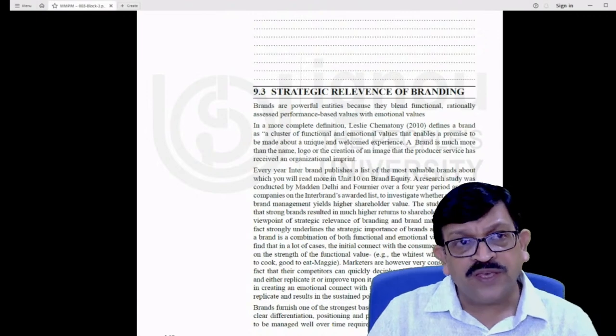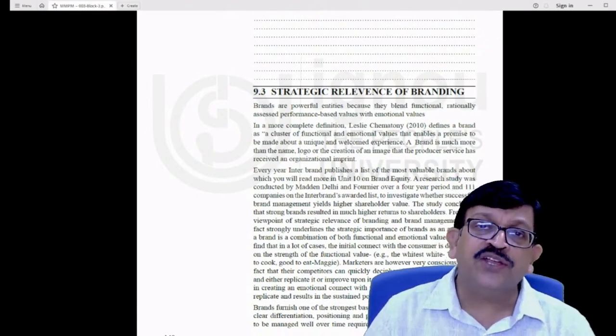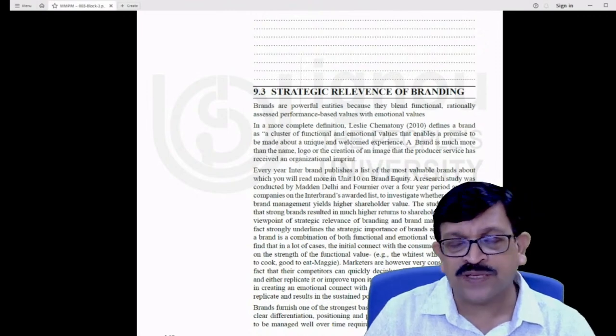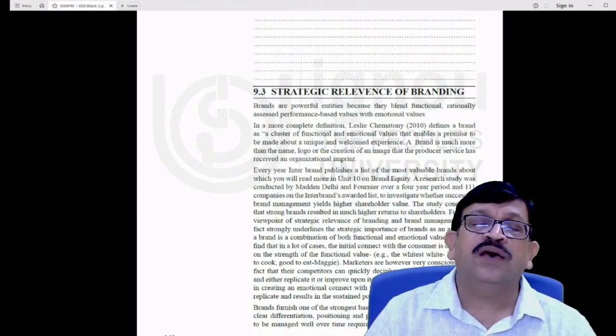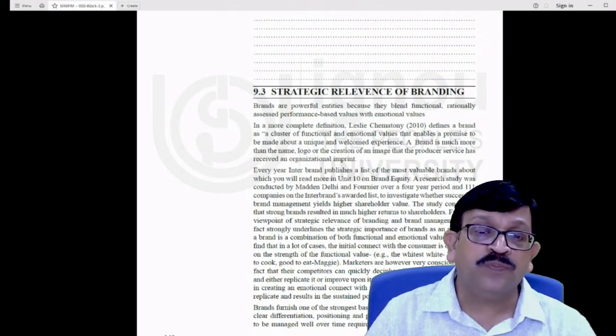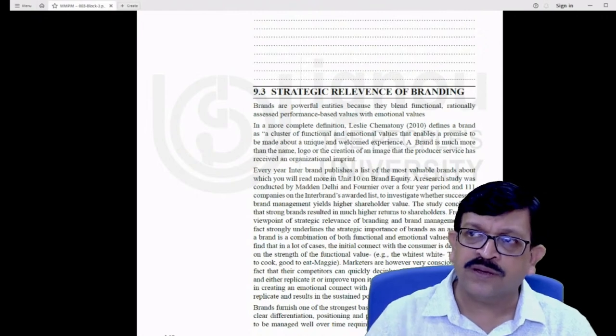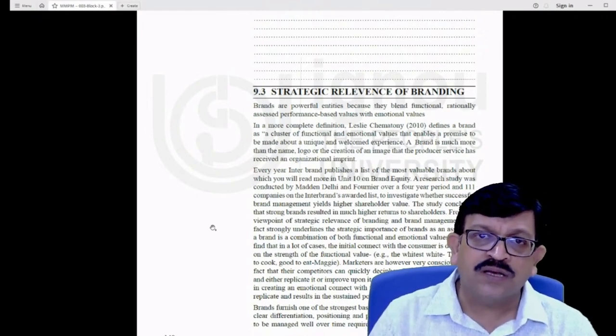Over the years, firms like Interbrand, which is a brand consulting firm based out of London, UK, have been able to understand the value of brand and come up with ratings of brands across the globe.